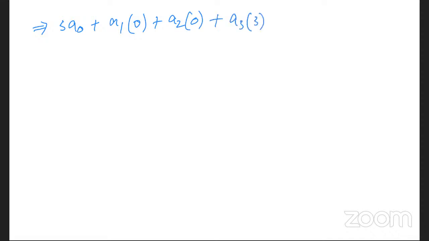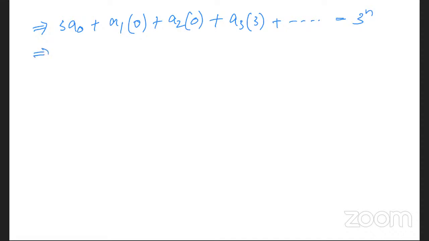Then we get 3a naught plus a1 into 0 plus a2 into 0, since 1 plus omega plus omega square is 0, plus we get a3 into 3, because omega cube is 1, we get 1 plus 1 plus 1 plus so on, is equal to 3 to the power of n.